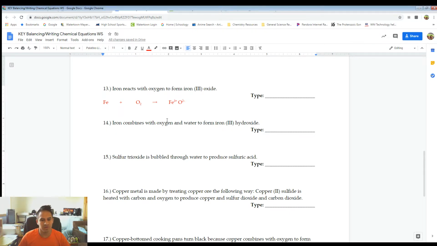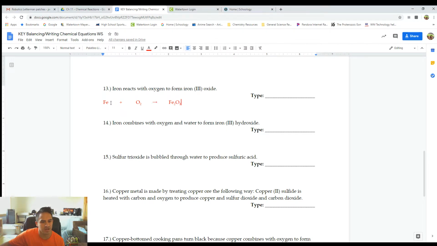So when those pair up, we need to balance our charges. We can do the Wonder Woman. So we're going to bring the 2 from the oxygen down onto the iron, the 3 from the iron down onto the oxygen. So we'll have a 2 down there and a 3 down there. Okay, so there's our iron 3 oxide.